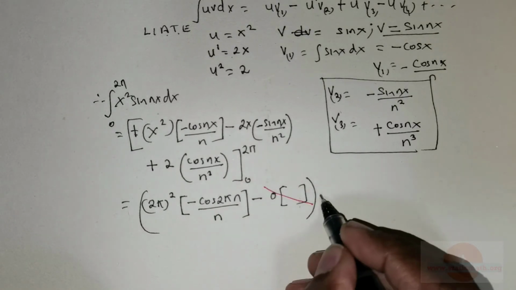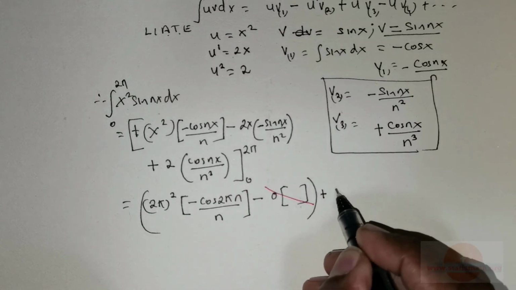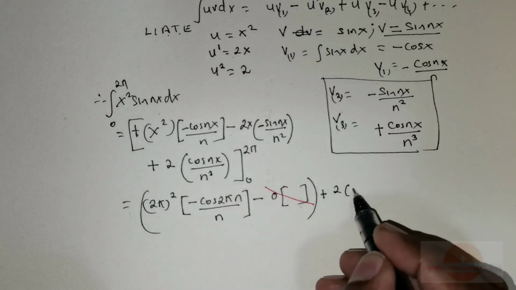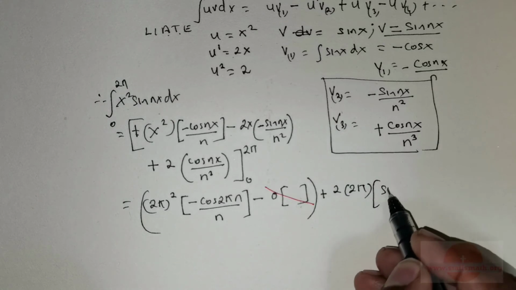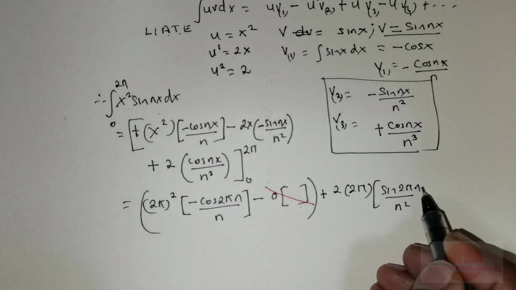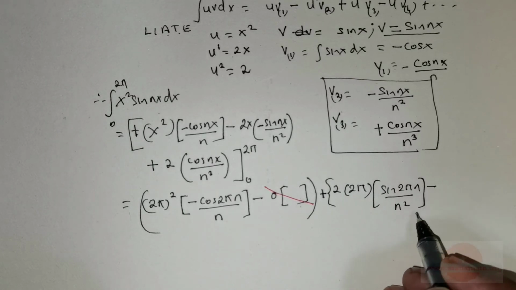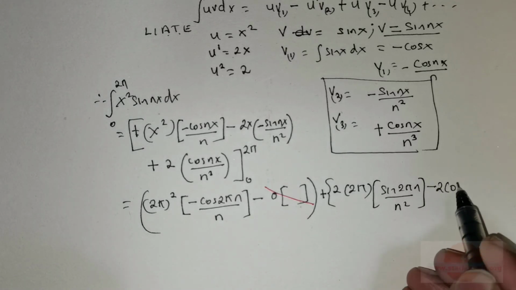Now going to the second one, we've got 2x, negative times negative is going to be positive. I substitute the upper limit, so 2 times 2 pi times sine 2 pi n divided by n squared, followed by negative sine and 2 times 0.